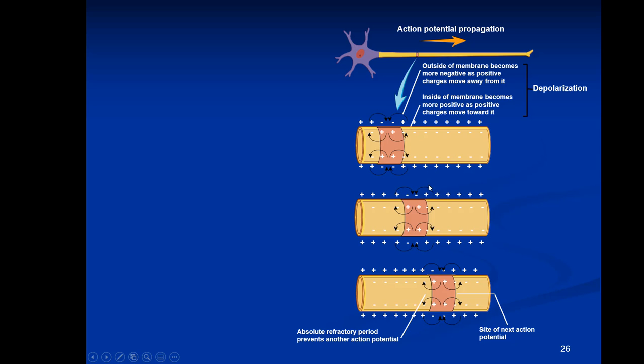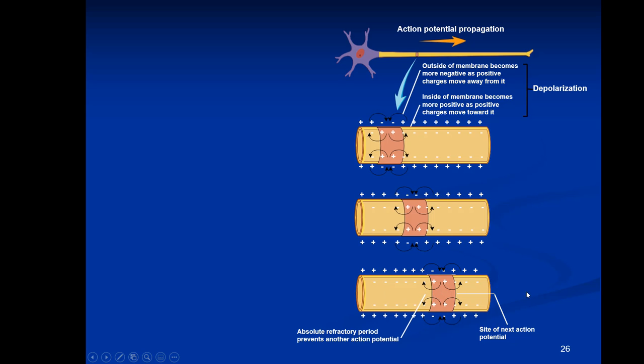So, showing you the different phases as it's moving down the axon. And the refractory periods are important because this ensures that the action potential only moves in one direction. In other words, if the action potential is moving this way, at this point in time this period is still in that absolute refractory period, so it's impossible for this action potential to turn around and go back this way.